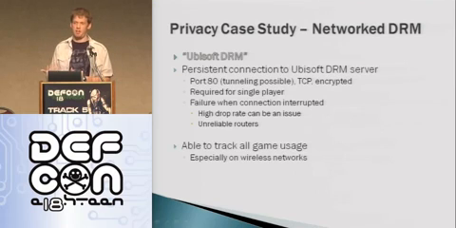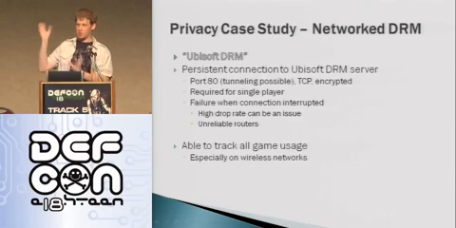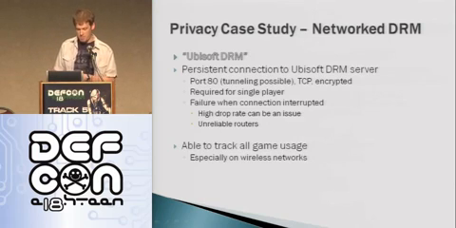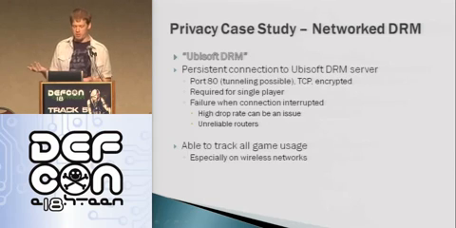It actually does a fair attempt of trying to get out, obviously. It's also required for single player, and it has the whole failures. But what this actually means is that you have the ability to track all game usage. You have this data stream that goes back and forth, and you can measure when this data stream stops, and then you know that whoever played the game stopped playing the game. And this is applicable especially for wireless networks.